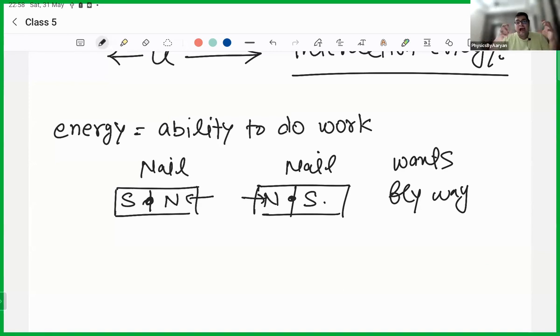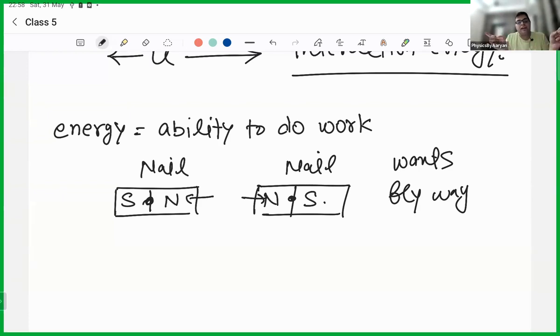But it means they have a stored ability, stored energy, a stored ability to fly away. That is why we say that they have some stored energy. And whenever we say that we have stored energy, we associate it with potential energy. But it is not a general potential energy we are talking about. It is basically an interaction energy.